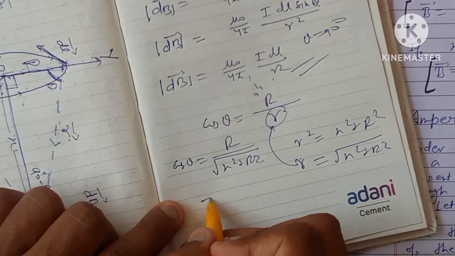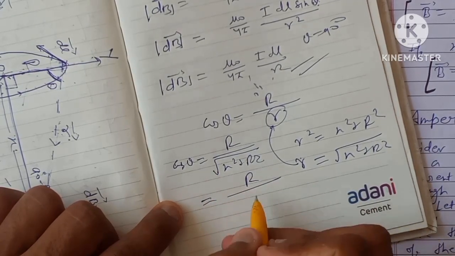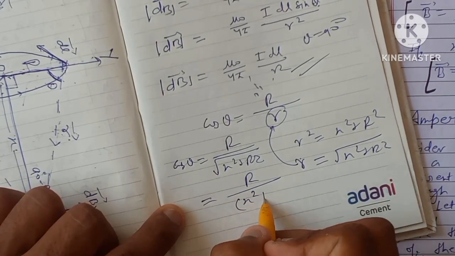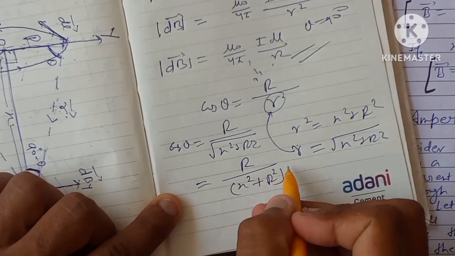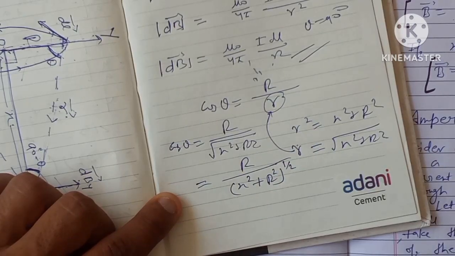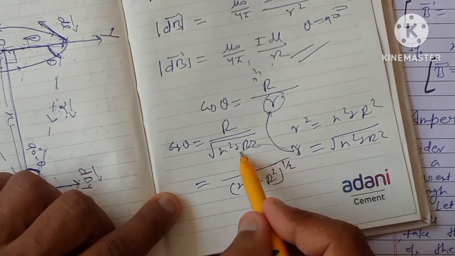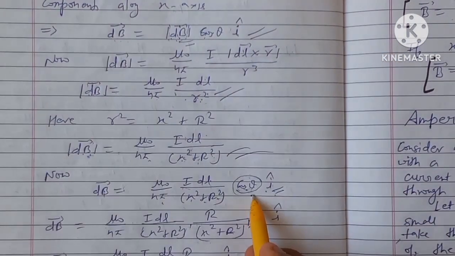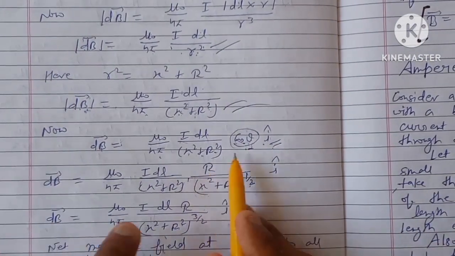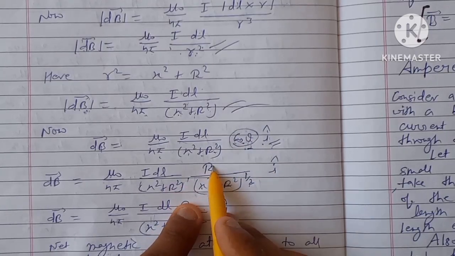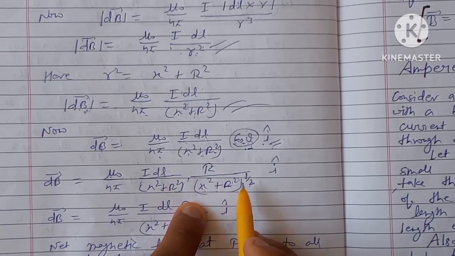You can also write it as R divided by x square plus capital R square to the power 1 by 2. So let us put this value of cos theta in this expression. In place of cos theta I have put R divided by x square plus R square to the whole power 1 by 2.